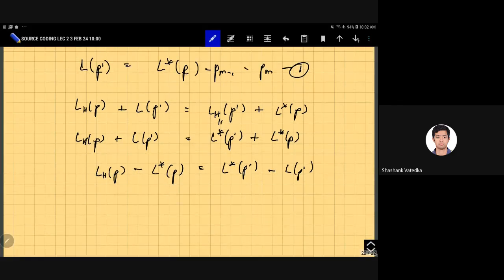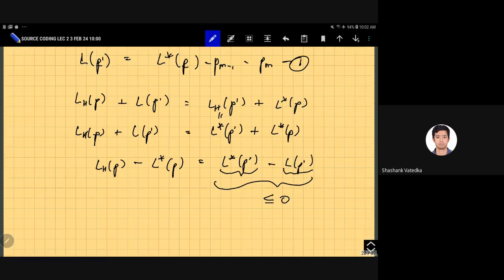Now, if you look at the right hand side, this is the optimal expected length, and this is the expected length using some other code, right? So the right hand side is always less than or equal to 0.